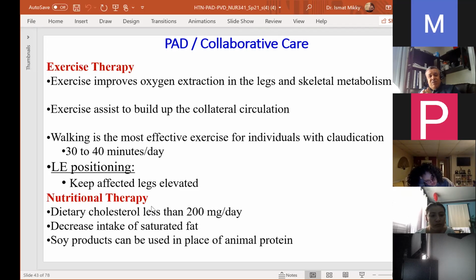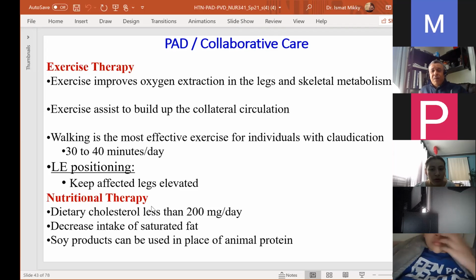So as they commit to walking three times a week, 30 to 45 minutes, that will increase the intensity and frequency of the walking gradually. It has also been shown that walking will increase survival rates.